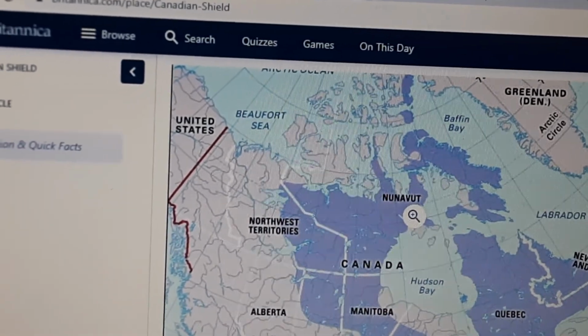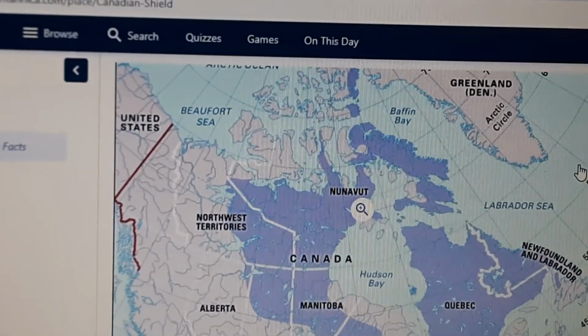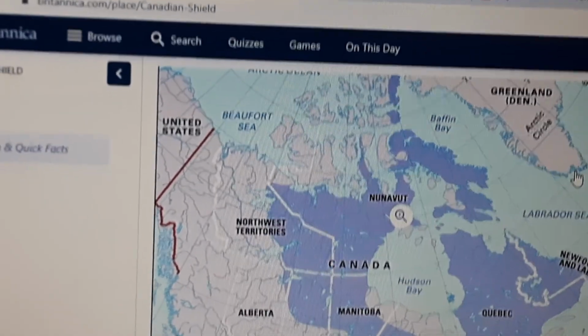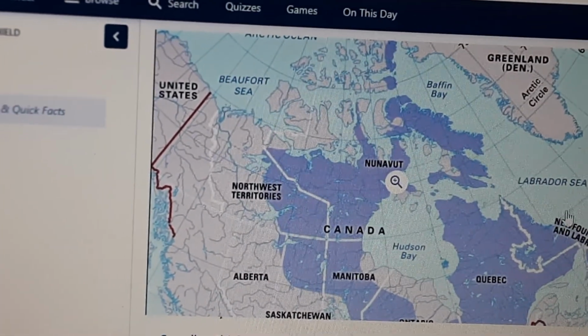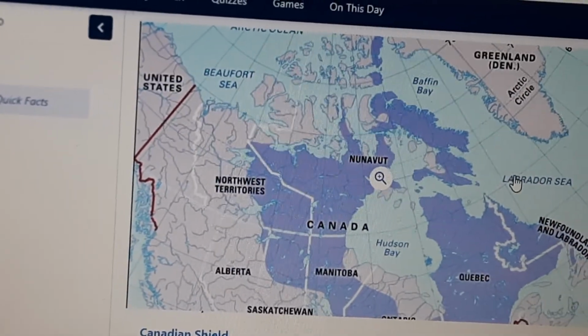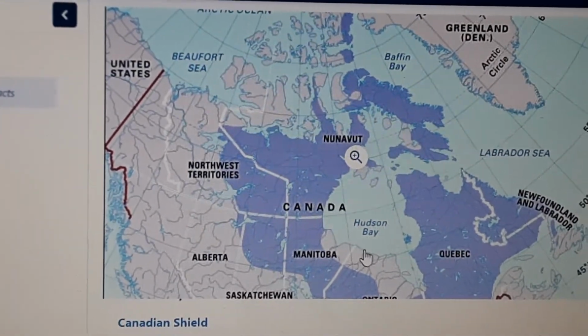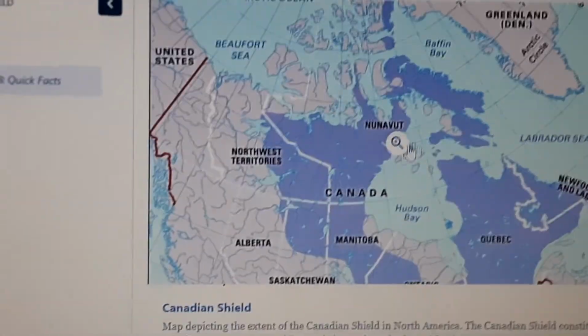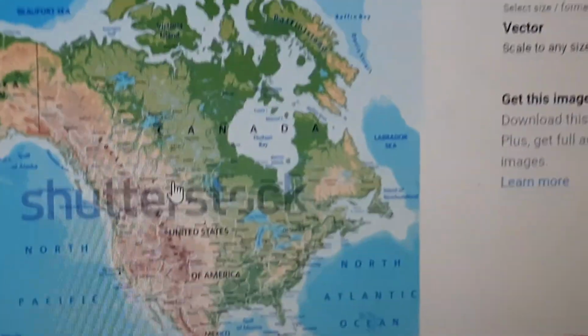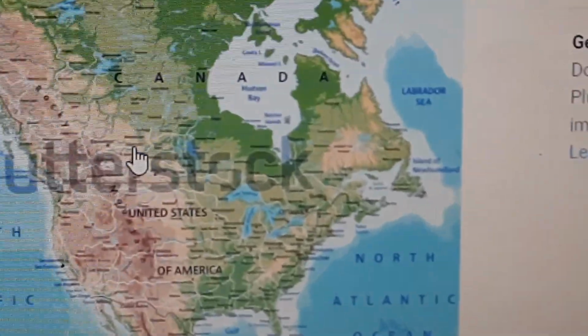A chain of 5 lakes, Superior, Michigan, Huron, Erie and Ontario, forms the southern boundary of the Canadian Shield. These 5 lakes are together called the Great Lakes.